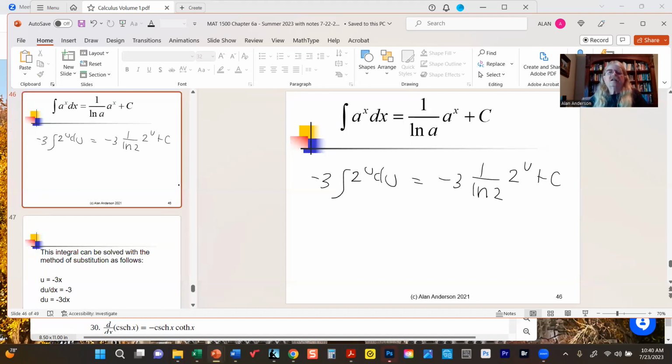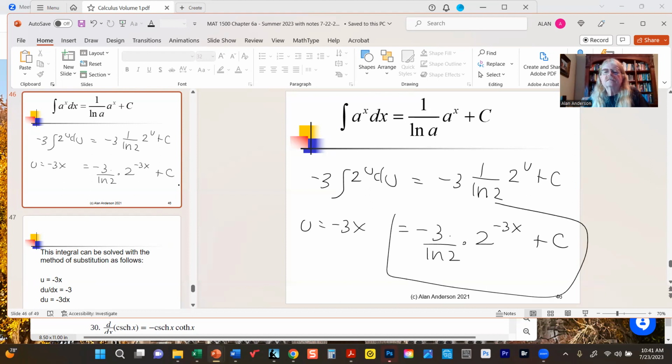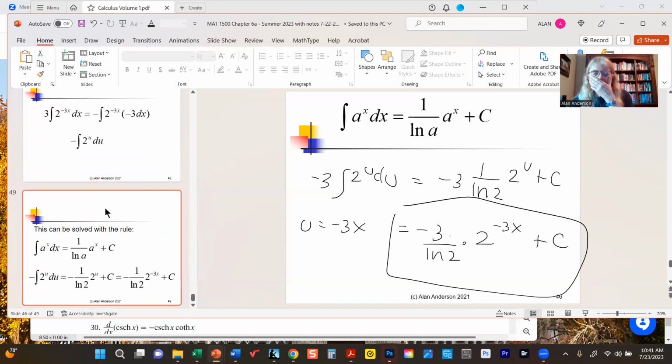And of course, we decided that u should equal negative 3x. So we end up with negative 3, I guess I can write that over the log 2, times 2 to the minus 3x plus c.